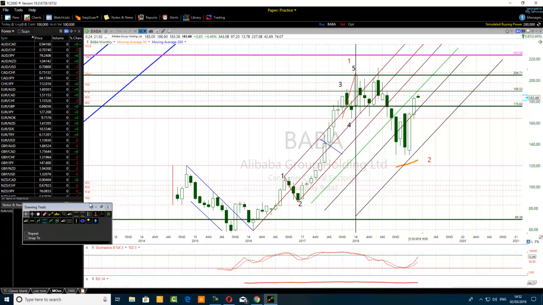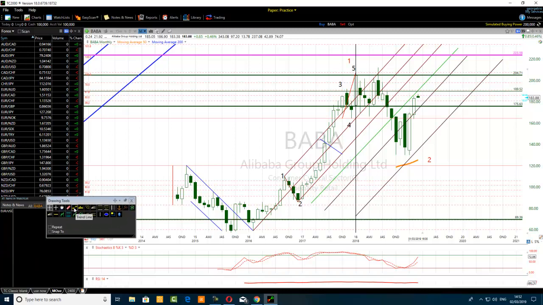If we will have a flat correction, maybe we will have again a distinctive 1, 2, 3 again. I like the expanded flat correction more. That will be beautiful. 1, 2, 3, 1, 2, 3.